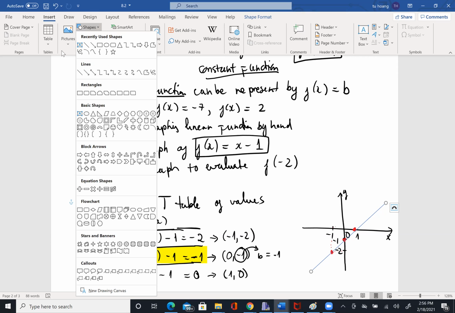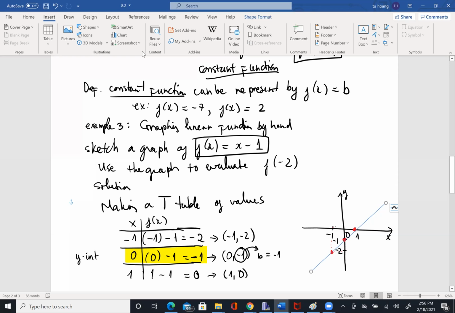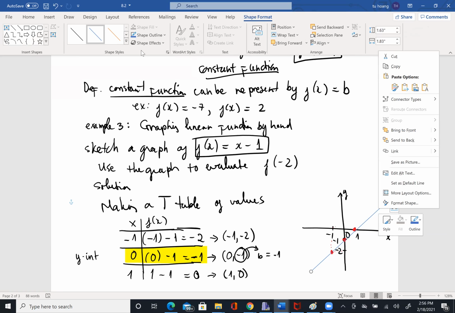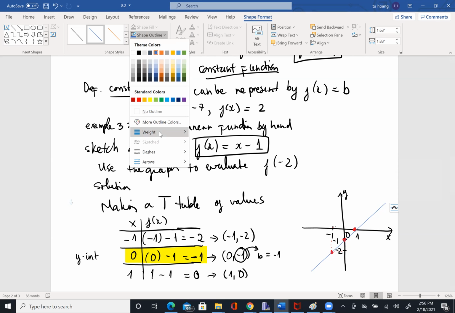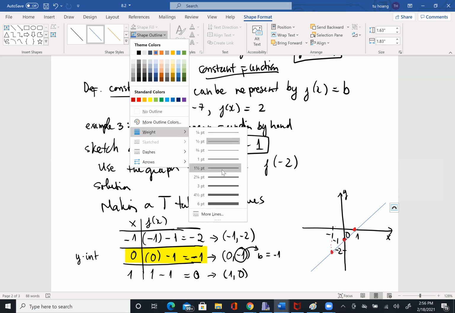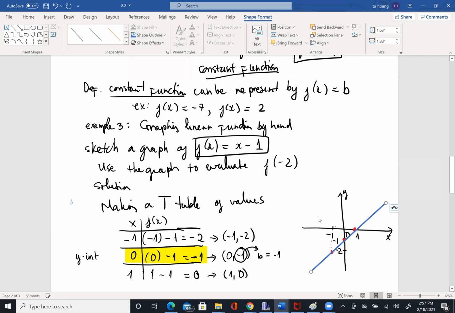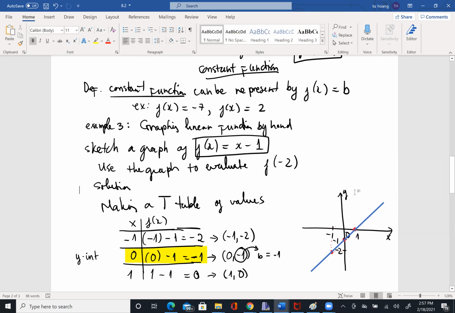How can I make it bigger? I think over here. Okay, now it's perfect. So this is the line that we need to draw.